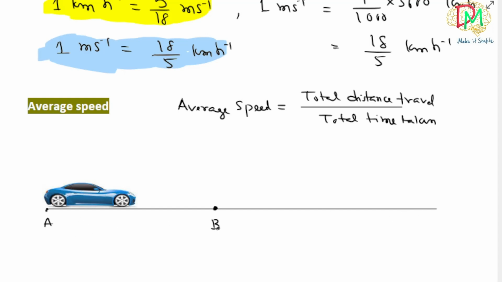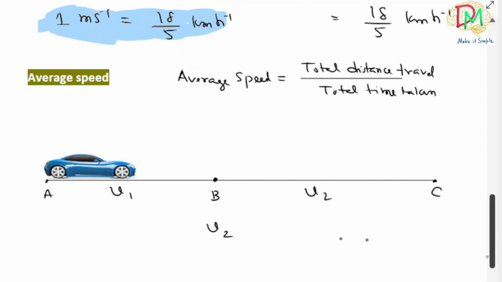It moves from A to B to C. First it moves with the speed v1, next it is v2, where v2 is greater than v1, but it travels for the same time interval, that is t.